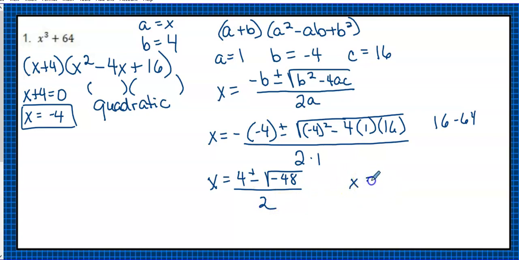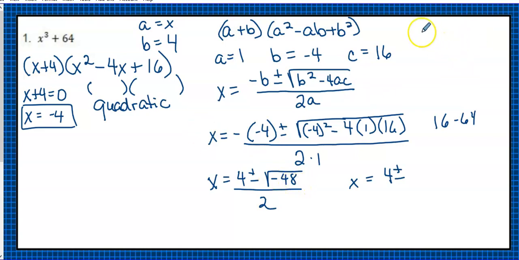I'm going to continue over here, try to save myself a little bit of room. x equals 4 plus or minus. Now, if you remember, if we have a negative under the radical, we're going to pull out an i. We're also going to simplify this. This is 16 times 3.